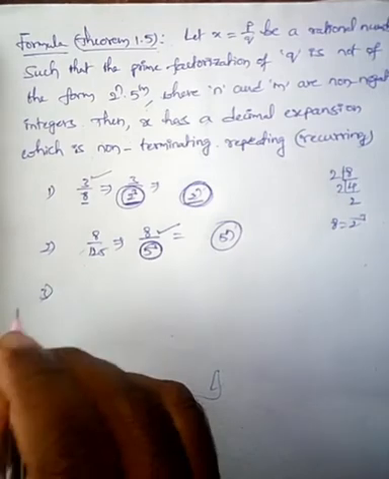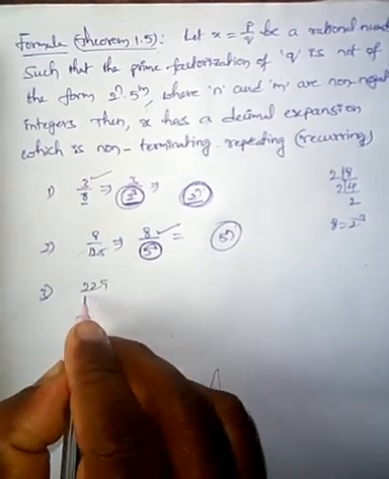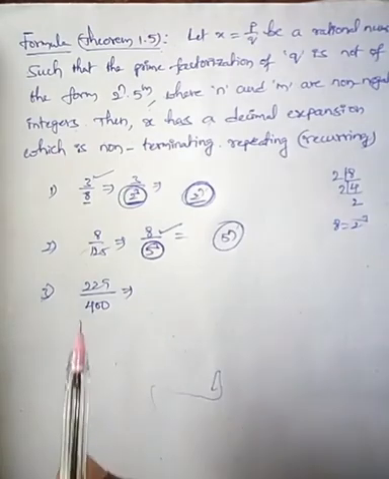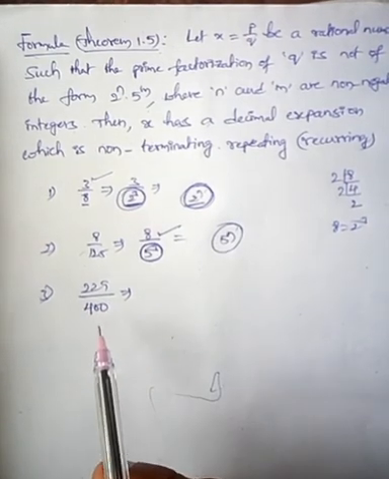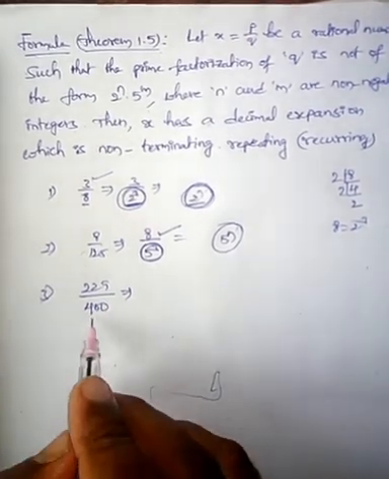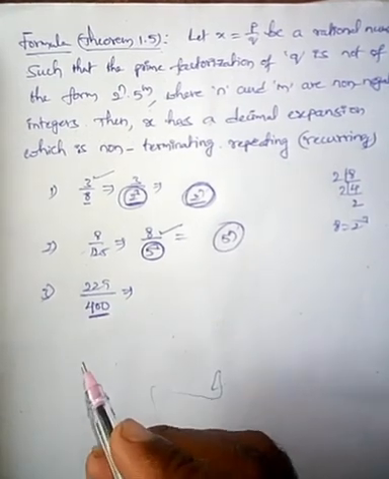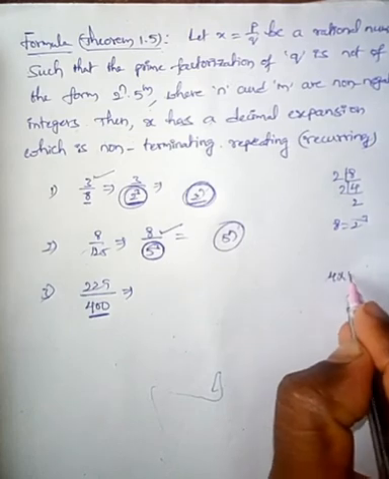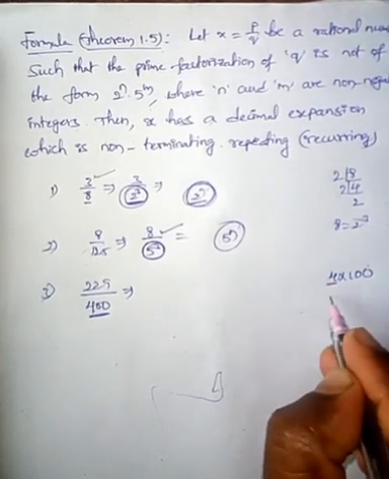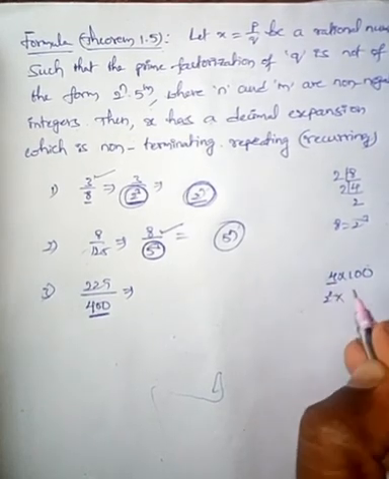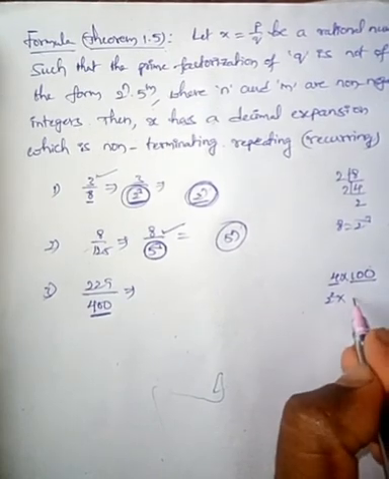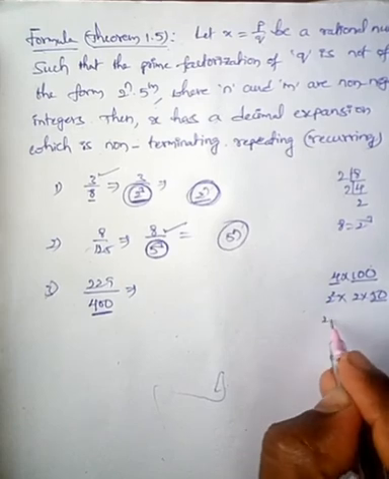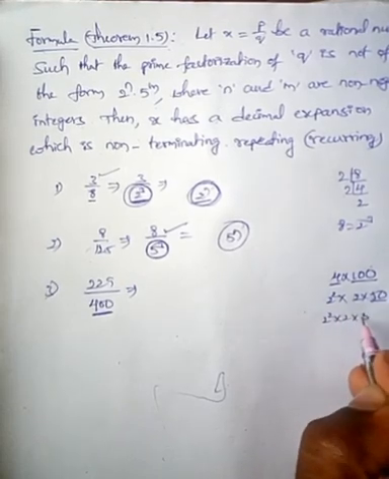In the third one, 229 by 400. This is also in simplest form. Now check the prime factorization of 400. We can express 400 as 4 into 100. That is 2 square into 100. 100 is 2 into 50, and we can express 50 as 2 into 5 into 10.